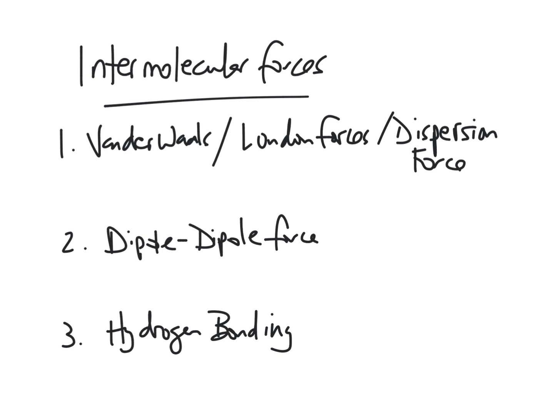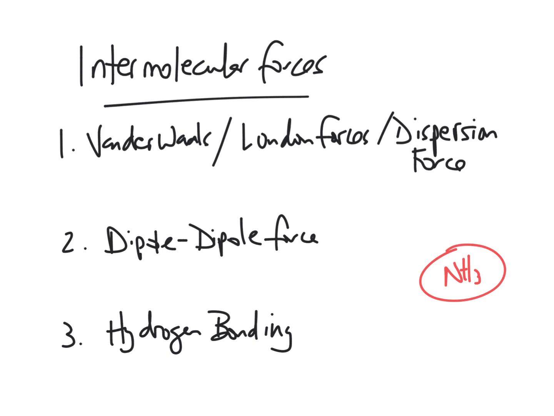The other really critical factor, which is dependent on the polarity of a molecule, is what type of intermolecular forces will occur between molecules of that type. So if you have a pure batch of ammonia, what kind of forces can we expect sticking individual ammonia molecules to one another?